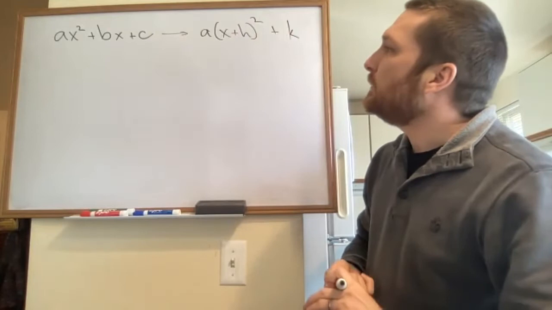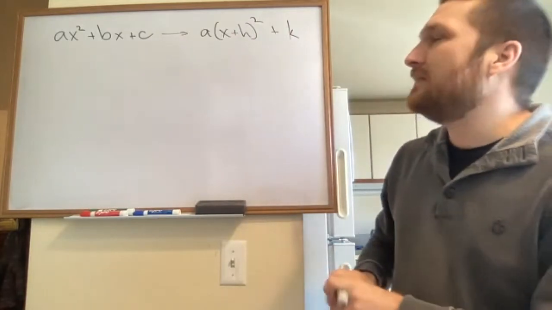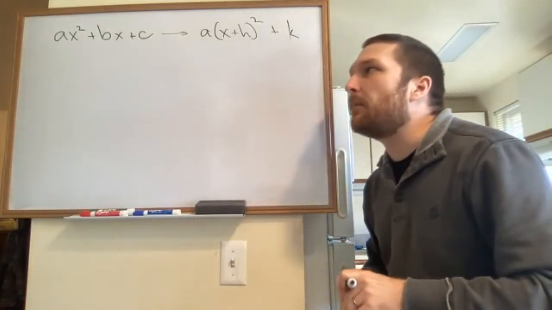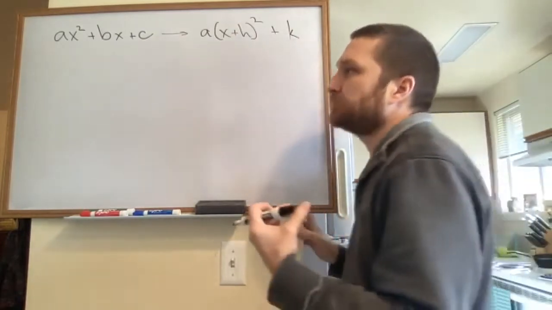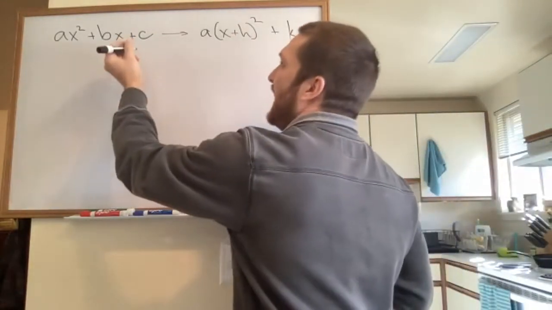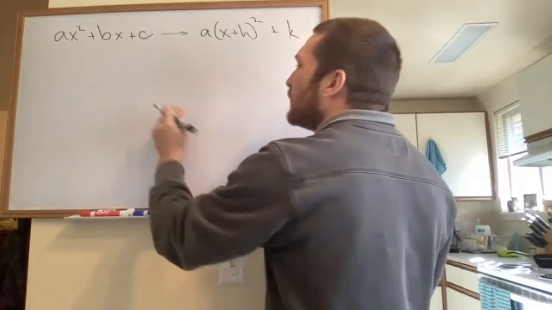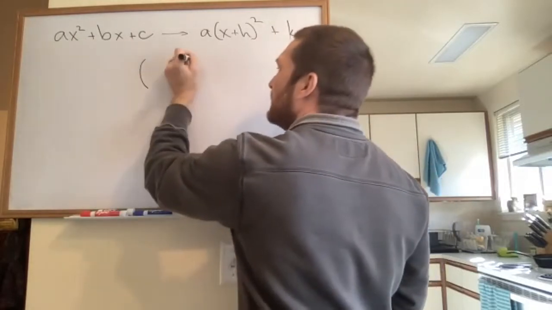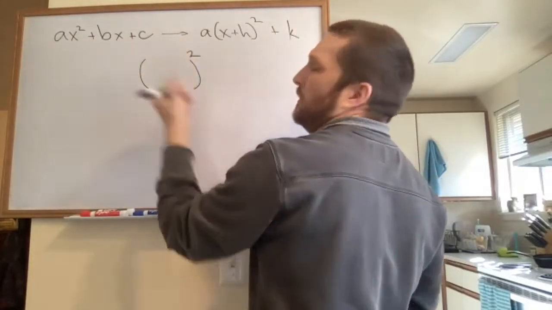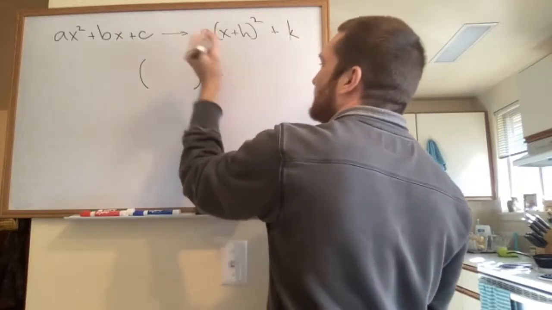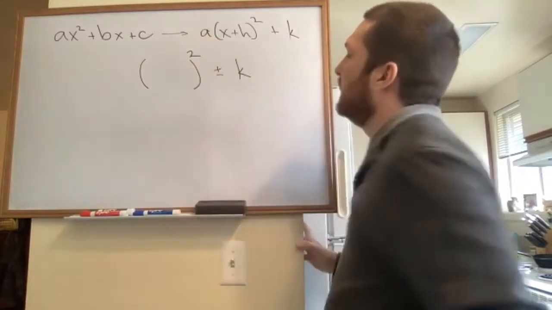That's cool. But what I didn't say, and this is something that you might think, especially with the conversation that we had, is, wait a second, if we're trying to get this to be something squared, possibly plus or minus something, I guess we'll use k again.